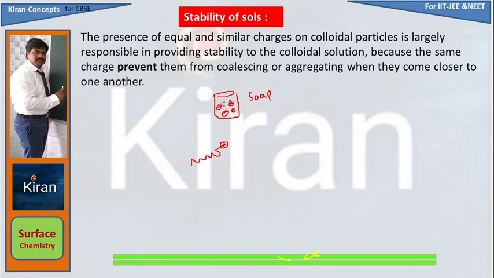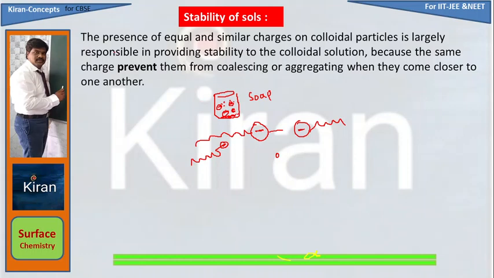One negatively charged particle is repelled by another negatively charged particle. So there is no possibility to gather at one place. They will not touch each other because the same charge is there, so they won't settle at the bottom like gold particles.